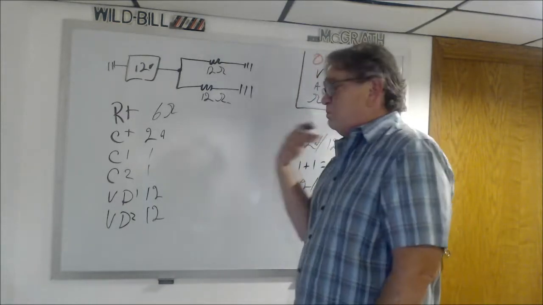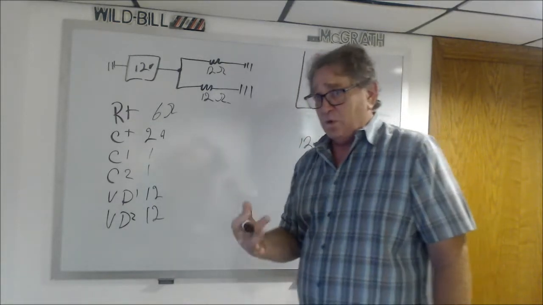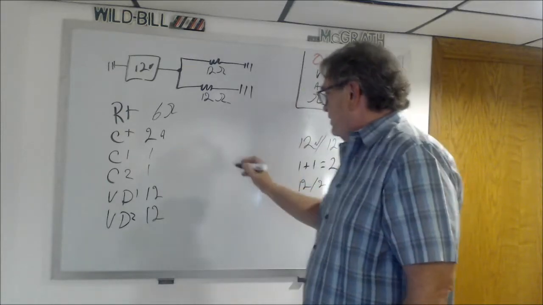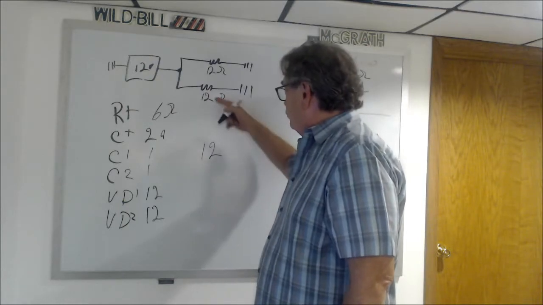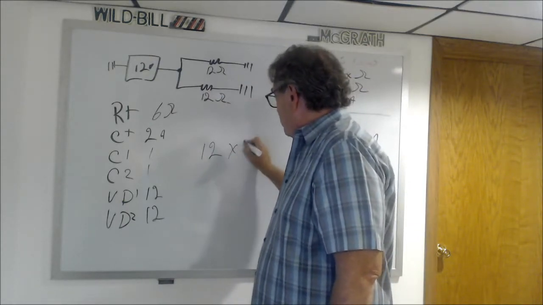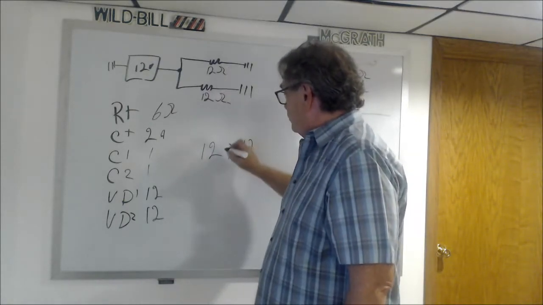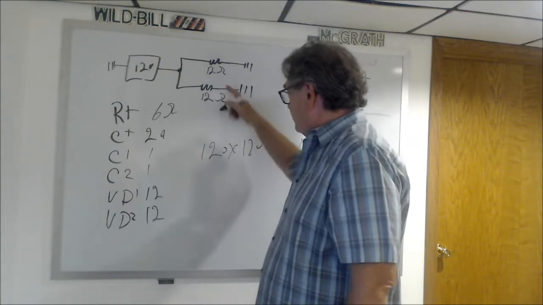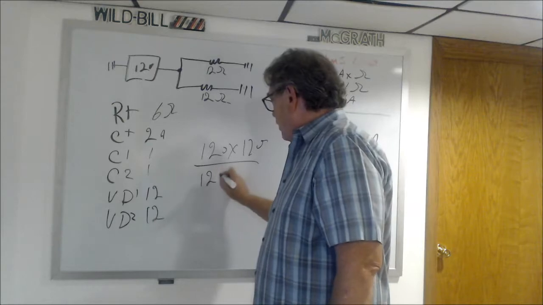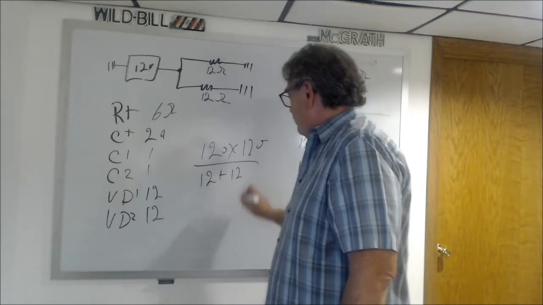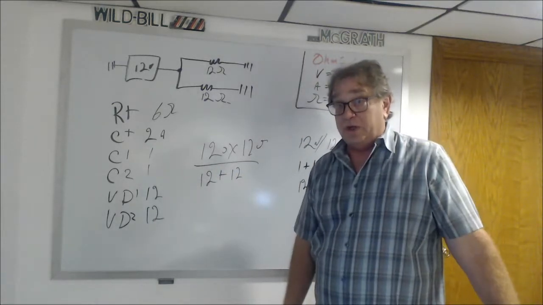All I've got to do is just plug it into a formula. Okay? And the formula is I take 12 times 12, and I get that from here. This is the 12 ohms and the 12 ohms, and if they were different, I would plug that number in there. Divided by 12 plus 12. We okay?